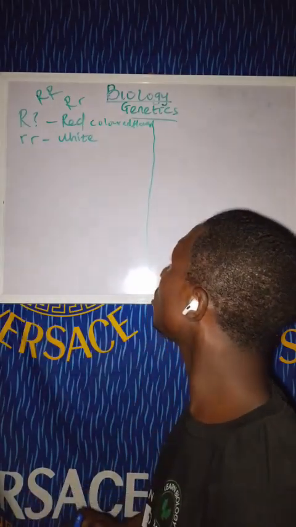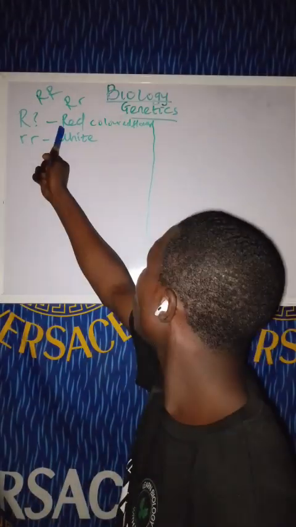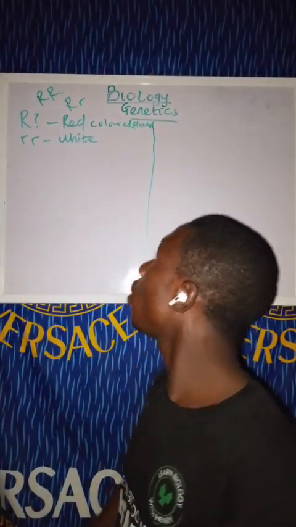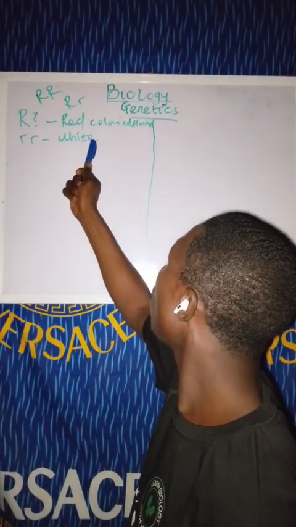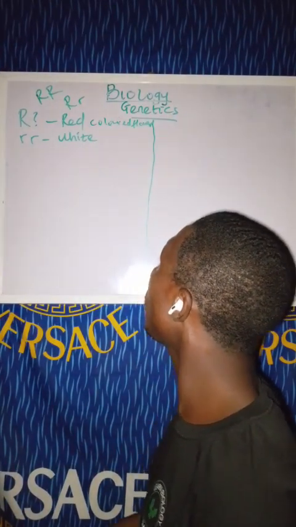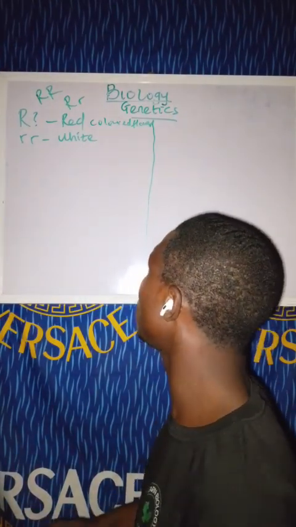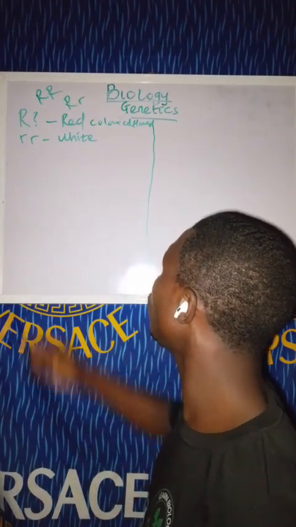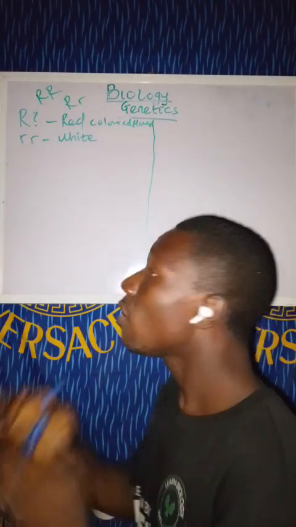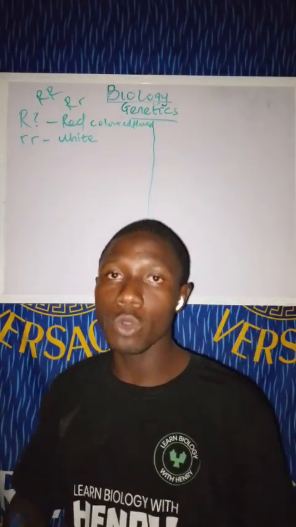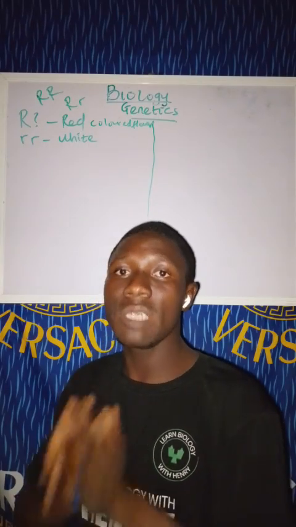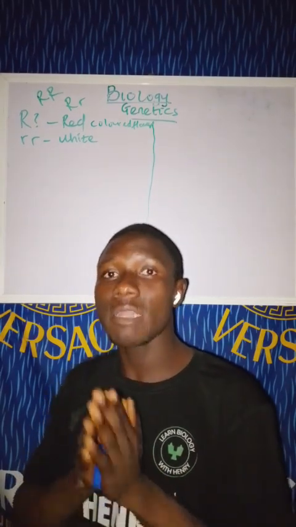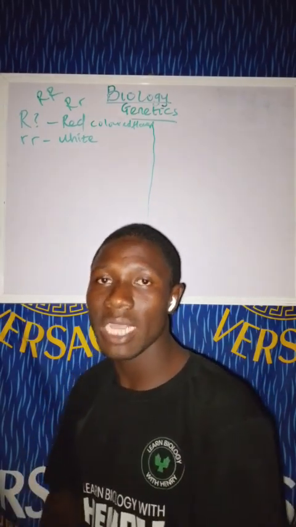What we need to do is to cross this plant whose genotype is unknown with the recessive form of that plant, which is homozygous recessive for the color under consideration, and is white. So from the offspring produced, we can determine if the genotype of that plant is homozygous or heterozygous.